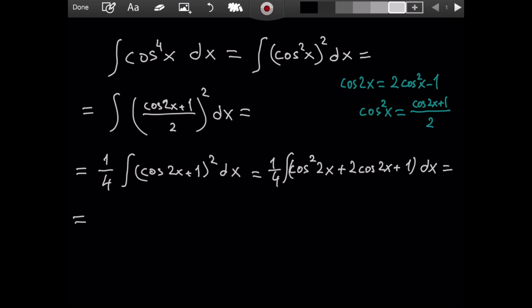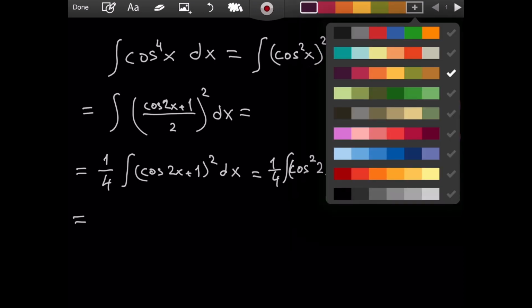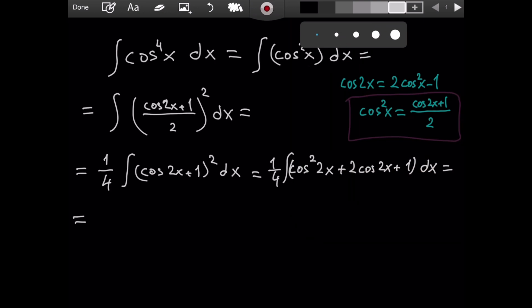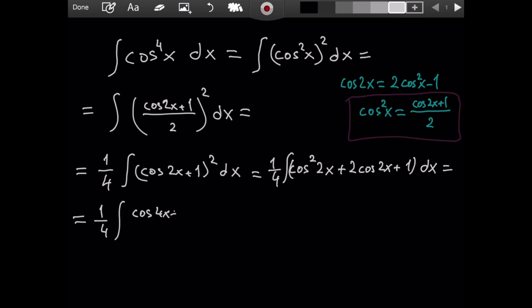Alright, now we see cosine squared of 2x. What substitution should you make? I hope you didn't say 1 minus sine squared of 2x. You should again use this idea. This time instead of x, we have 2x. Well, that doesn't change it much. So we will have 1 over 4, the integral sign. And instead of cosine squared of 2x, I will substitute cosine of 4x plus 1 divided by 2.